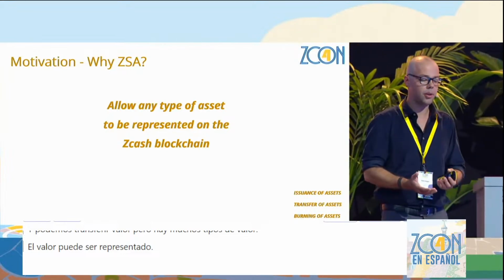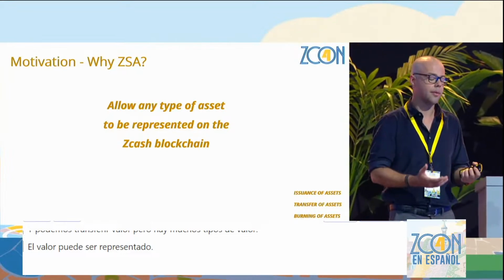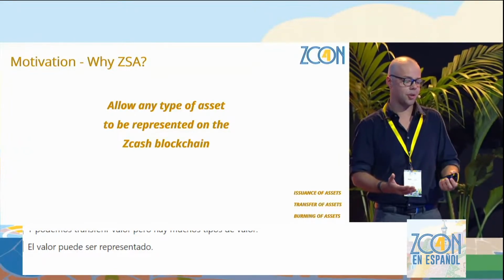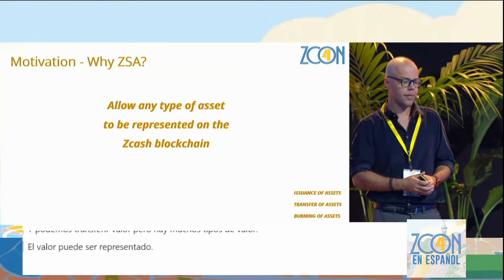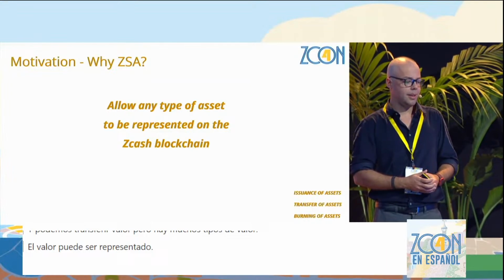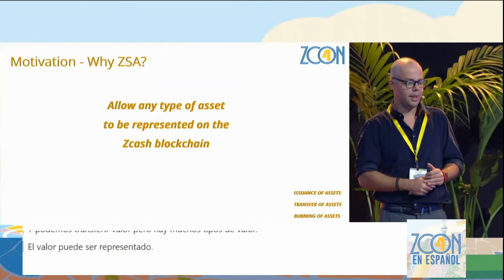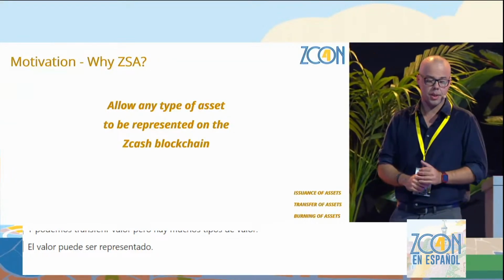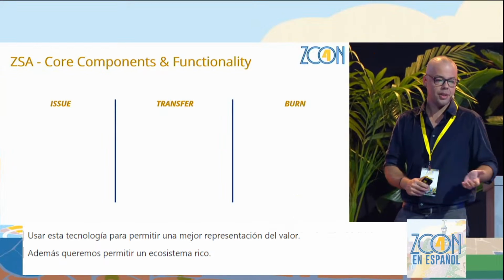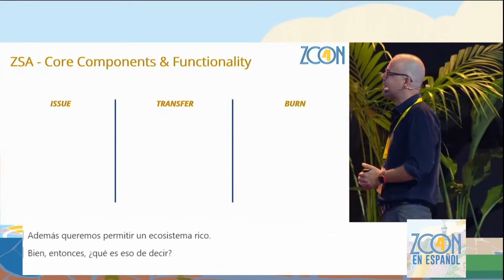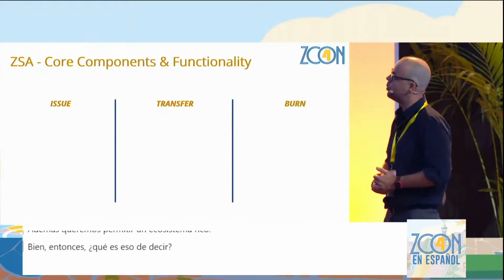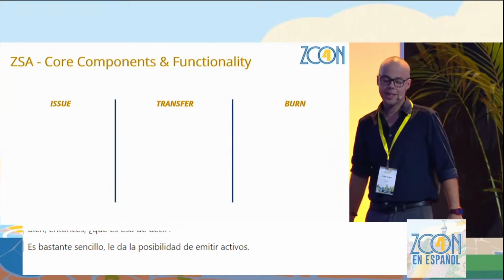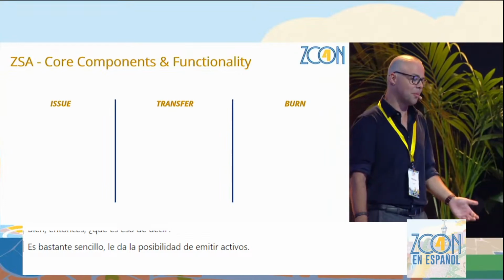We want to use this technology to enable better value representation, have the guarantees of the Zcash blockchain, and in addition, we want to allow a rich ecosystem. Okay, so what is ZSA? It's pretty straightforward. It gives you the ability to issue assets, to transfer those assets, and finally, to burn them.